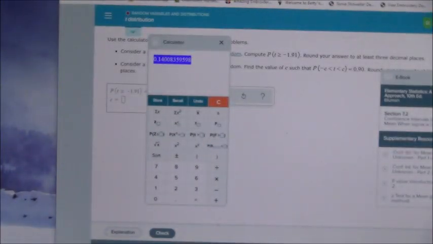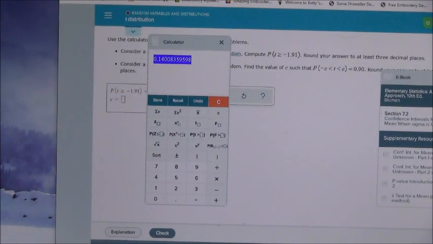0.041. On my calculator on ALEKS, because the ALEKS calculator does greater, not less, that's when I have to do 1 minus that. So I would have to do 1 minus P of t is greater than my negative 1.93 with the degree of freedom of 10.